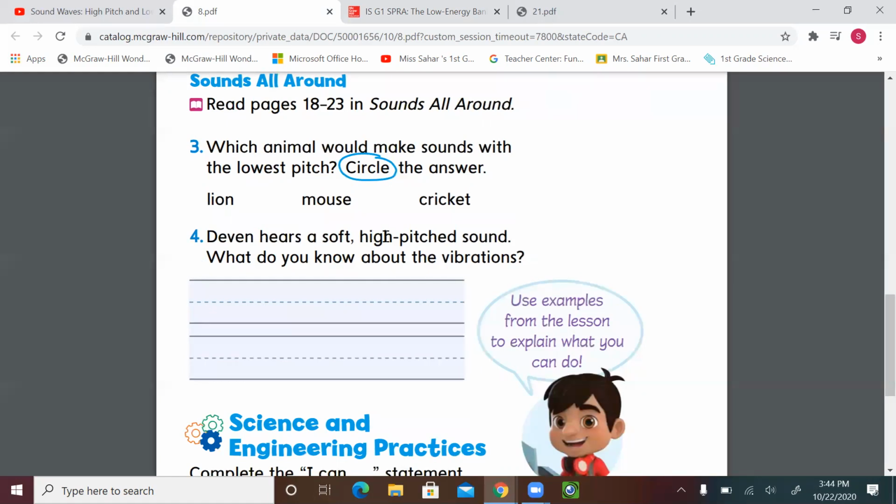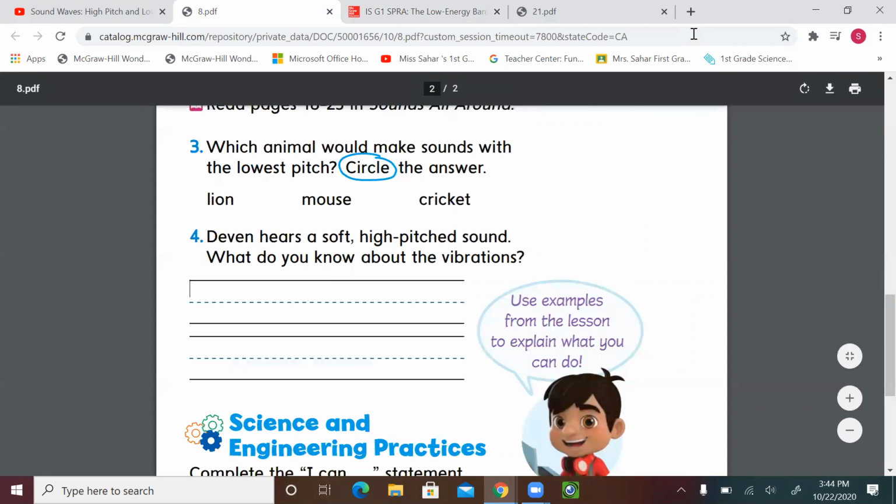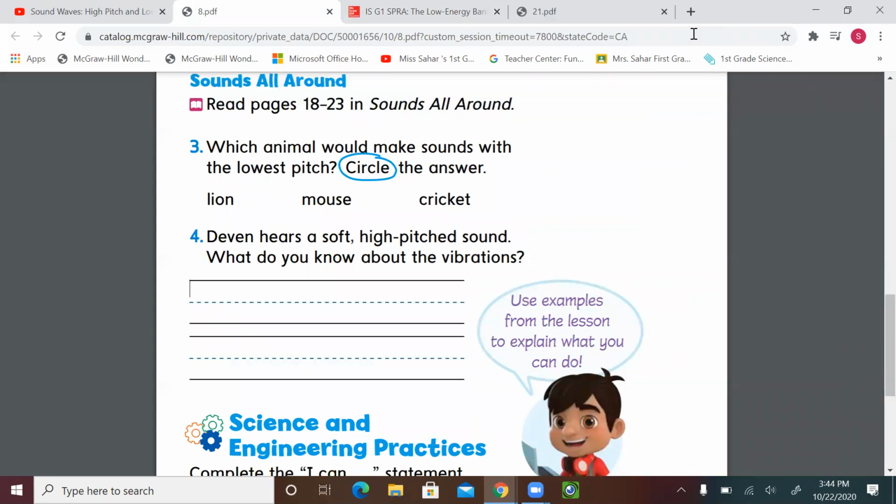Remember, soft, high-pitched. Soft, high-pitched sounds. So I know, let's break it apart, I know the vibrations will be weak.